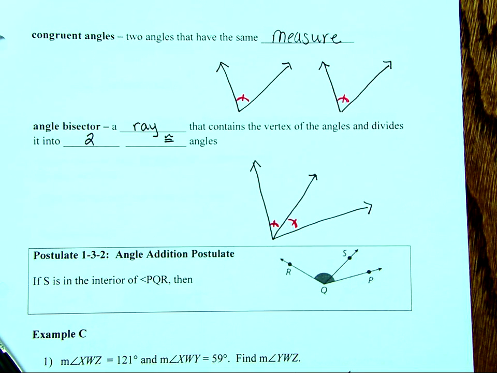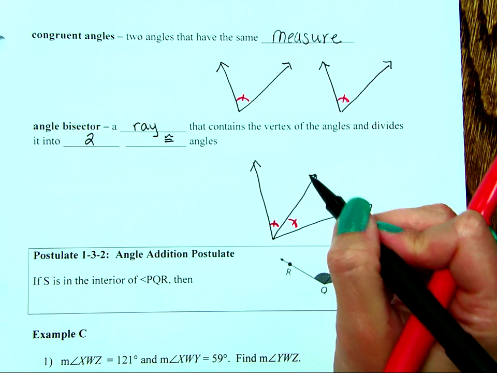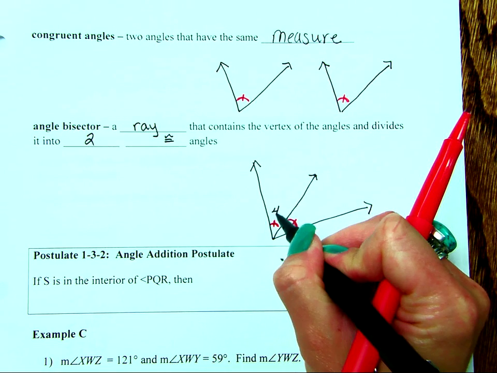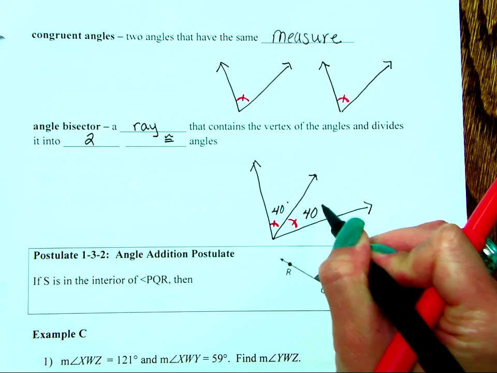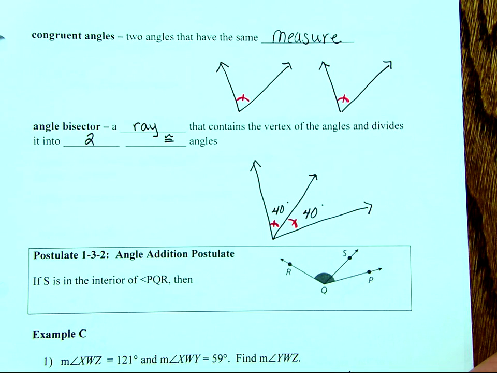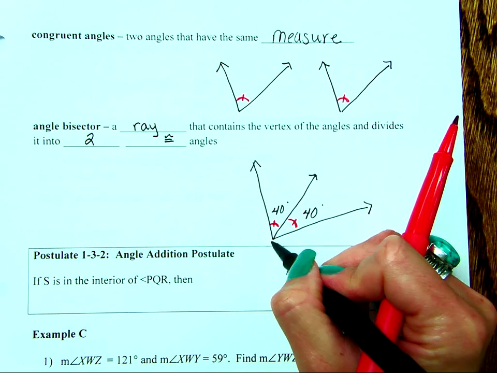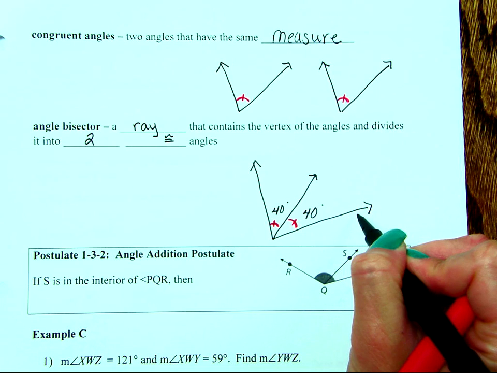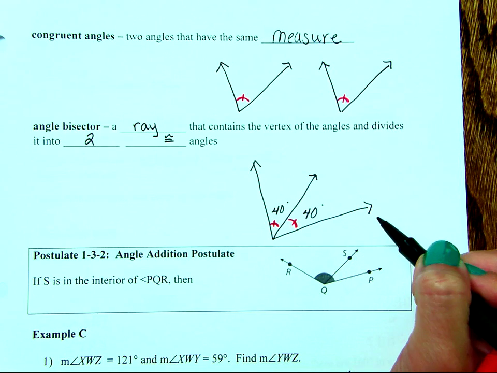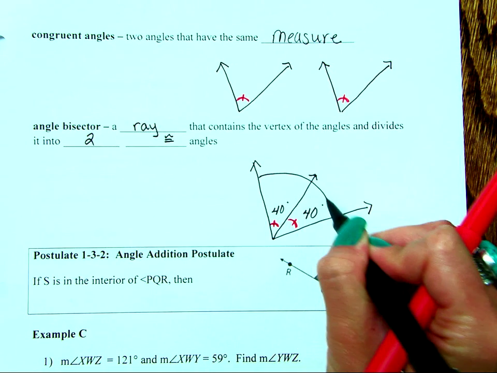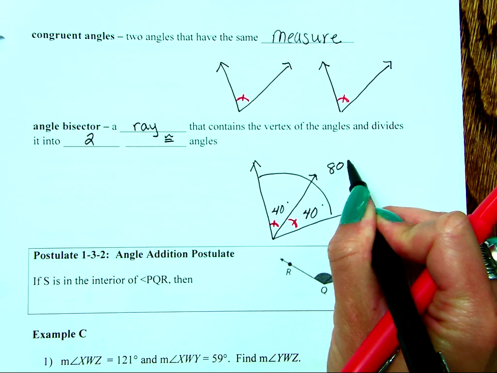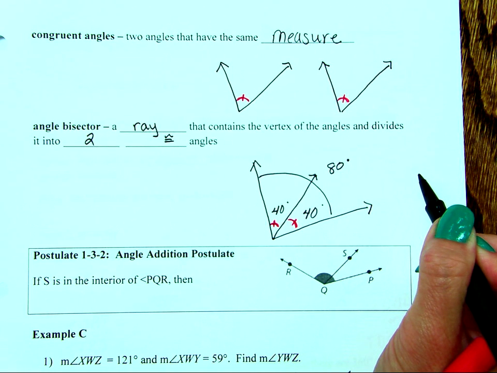Now, if we had a sketch like this, and let's just say our angle here was 40 degrees, we would know that this one was 40 degrees. Would you agree that if I were looking for the measure of the large angle, I could simply add 40 plus 40 to tell me that whole angle would be 80 degrees? That is what they call angle addition.